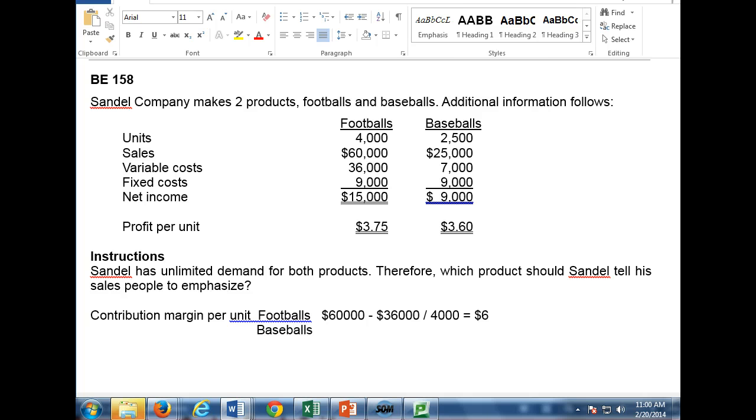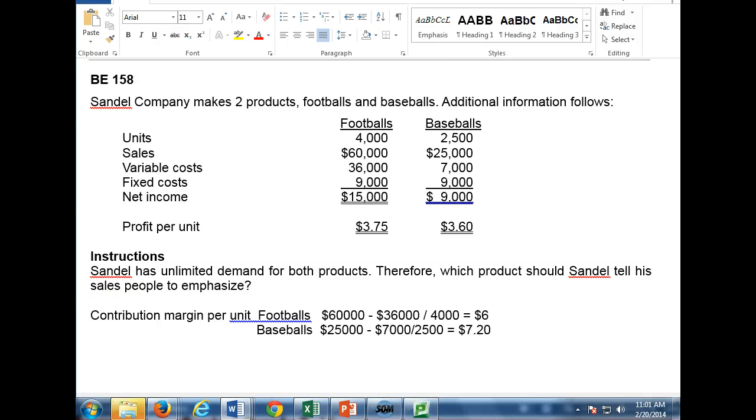Let's look at our baseballs. We've got $25,000 minus our variable costs of $7,000. Divide that by 2,500 baseballs. How much is our contribution margin? $7.2. Guys, think of it this way.